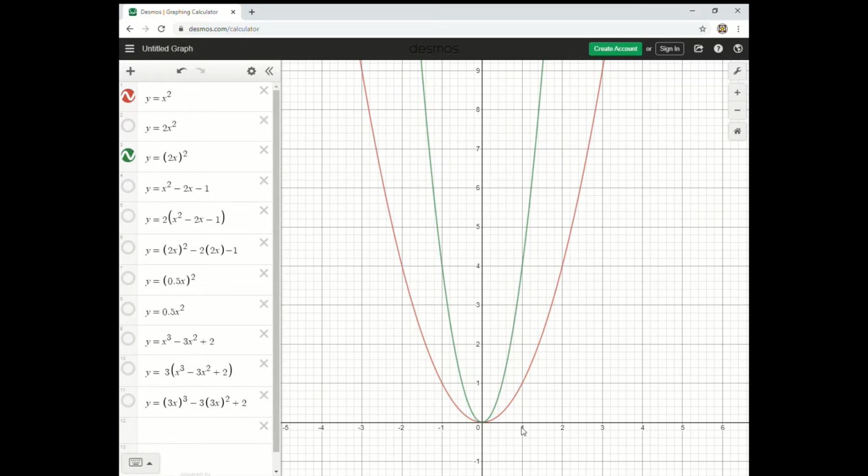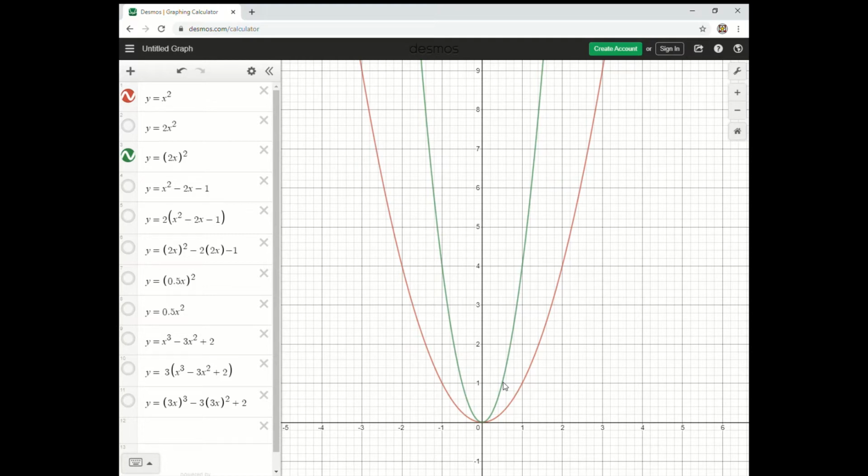If we look at this point here, and bear in mind, for a scale factor of 2, in the first case where we had 2x squared, we were doubling everything in the y direction. Here we can see that this point here is now actually here, and we've actually halved. So rather than it being at 1, 1, it's at a half, 1.